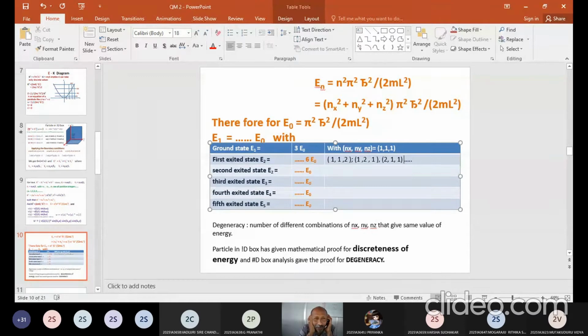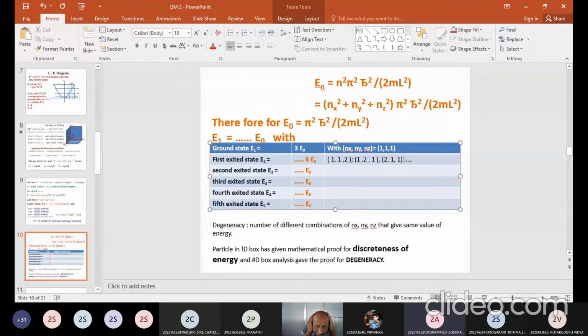I think you have learned it in your intermediate chemistry, right? I don't know about physics. So these are the three different degenerate energy levels for the first excited state. What about the second? 1 2 2, 2 1 2, 2 2 1.